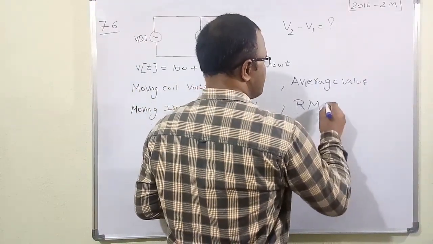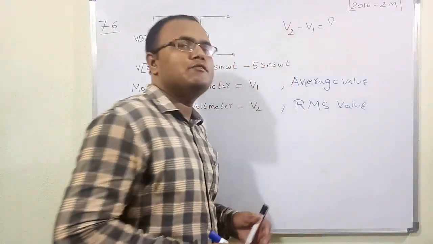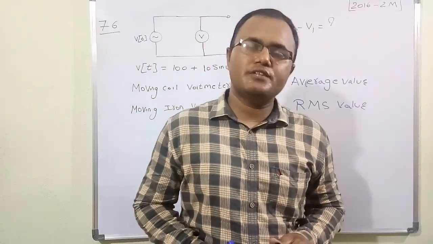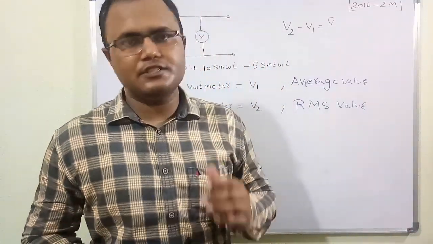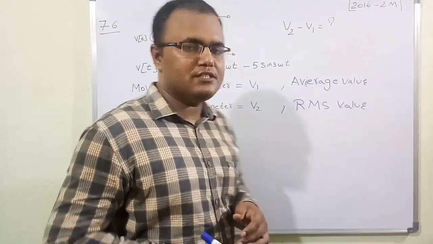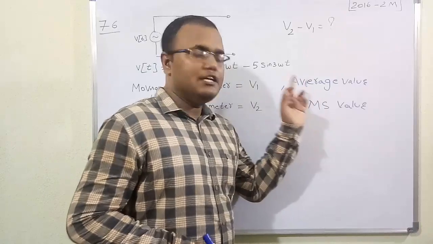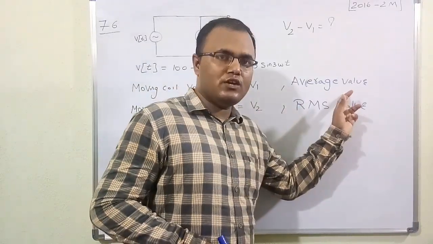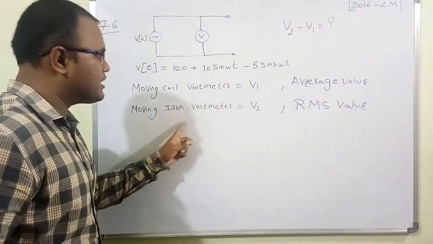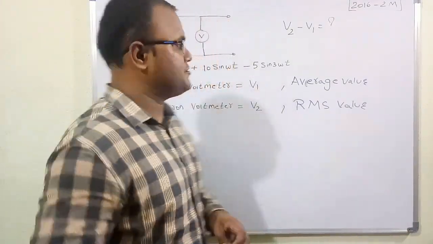I am going to explain this on my channel in the measurement subject. In a very short span of time, I am going to take lectures on each subject in different playlists. Until then, please remember that a moving coil voltmeter is going to read only the average value of the voltage, and a moving iron voltmeter is going to read only the RMS value of the voltage.